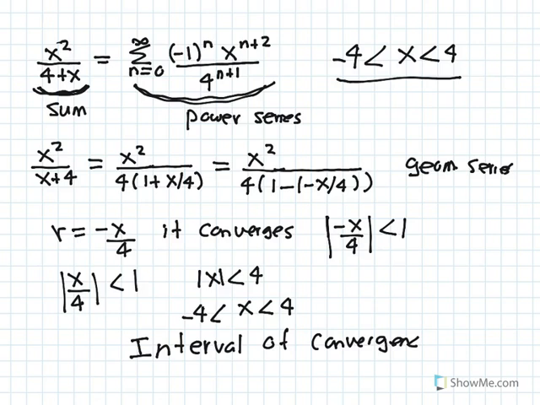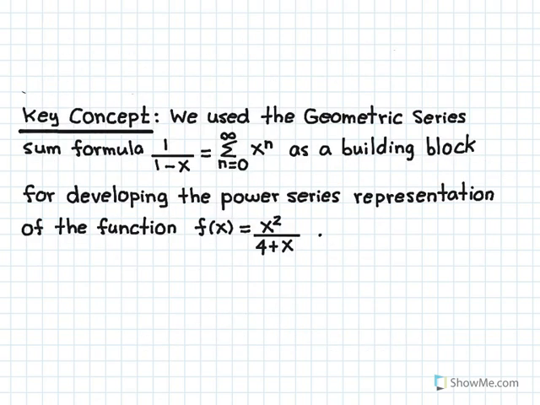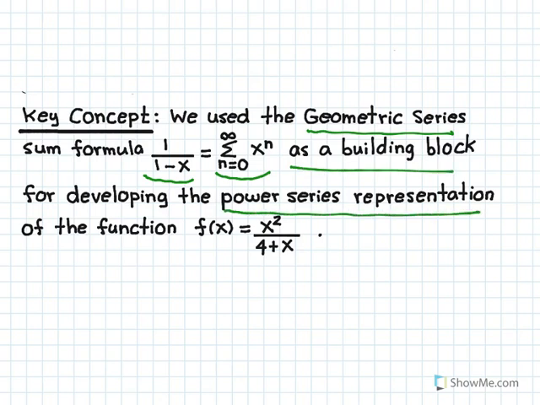All right, so now let's do a bit of review here. The key concept that we had in both of these examples was that we use the geometric series formula 1 divided by 1 minus x is equal to summation n equals 0 to infinity x to the power of n as a building block for developing the power series representation of other functions, such as f of x equal to x squared over 4 plus x.